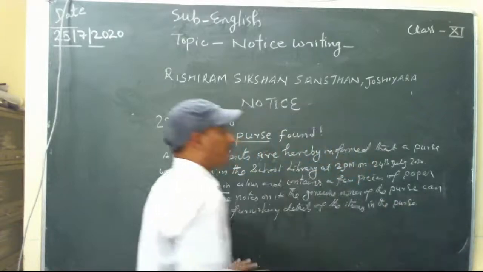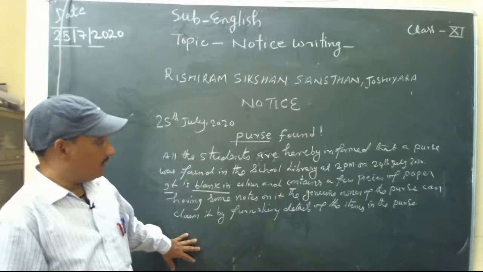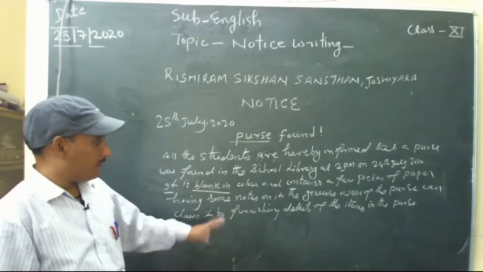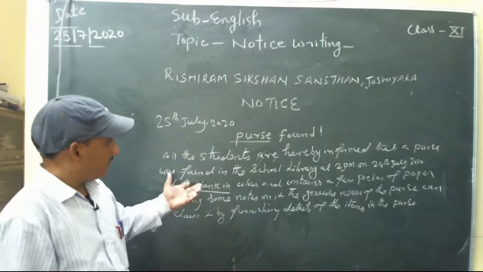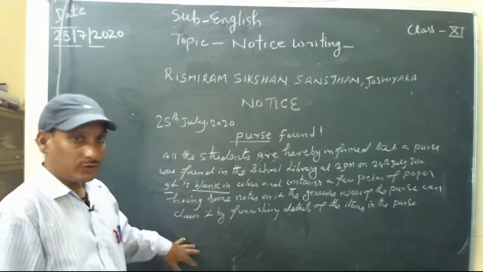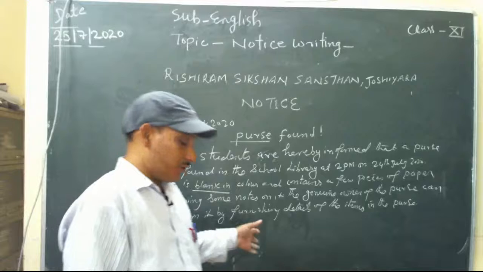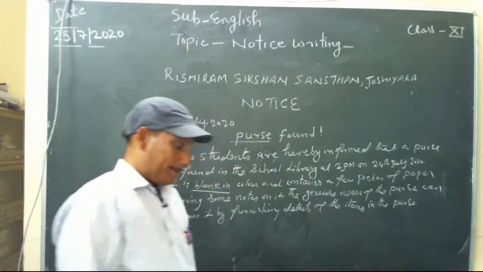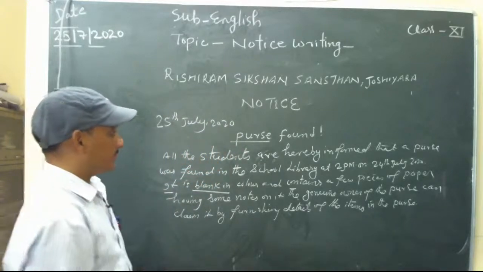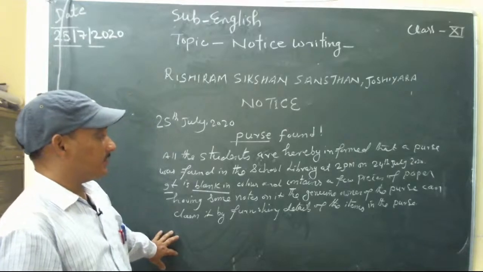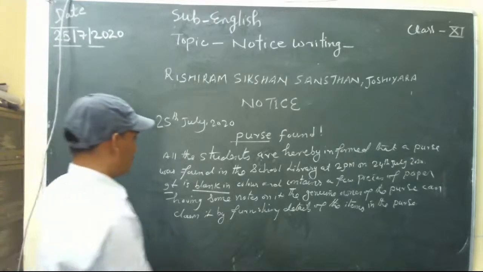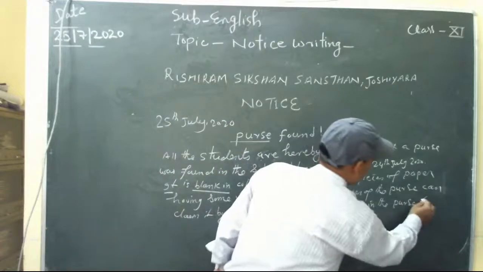You can claim it back only when you are able to describe all the contents of the purse, what was actually inside the purse, because it is known only to the actual owner of the purse. So claim it by furnishing details of the items in the purse to the undersigned.